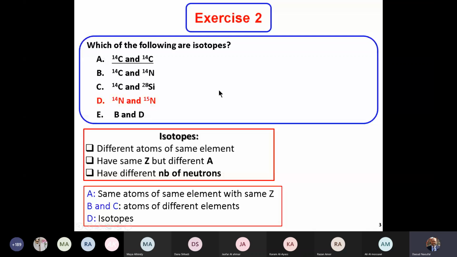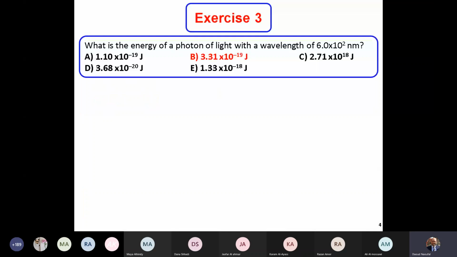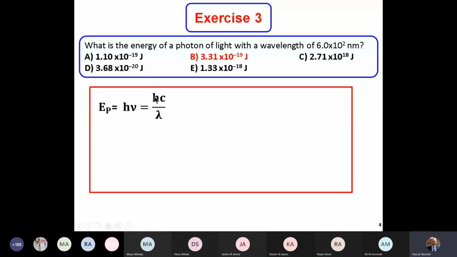Exercise 3. What is the energy of a photon of light that has lambda equal 6 times 10 to the power 2 nanometer? We have a relation between the energy of the photon, the frequency of the radiation of light, and the wavelength of the radiation: E equals h nu equals hc over lambda.